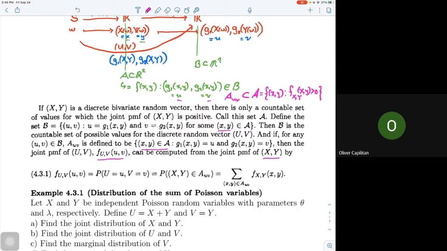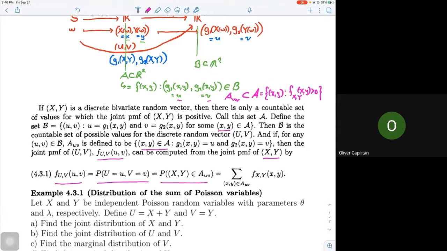This is the joint PMF of U and V. It can also be expressed in this form: the probability that X, Y is an element of this set A sub UV. It will be equal to this countable summation of the joint probability mass function of X and Y, where the ordered pair X, Y is an element of this set A sub UV.